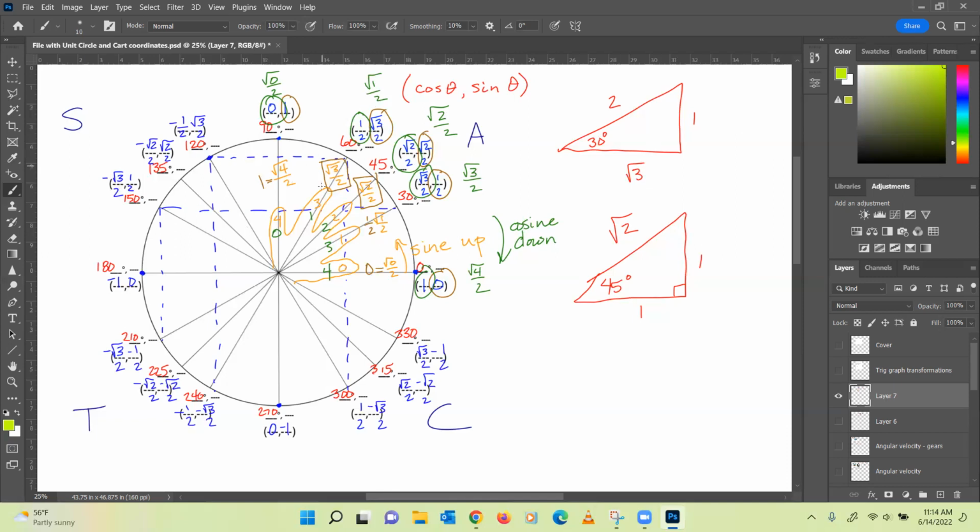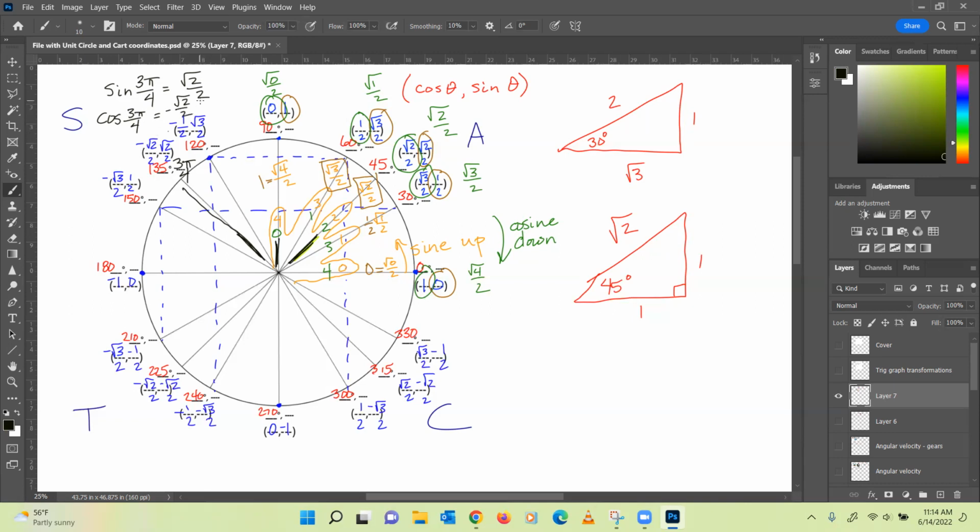This was 1 pi over 4, 2 pi over 4, 3 pi over 4 is over here. I know we didn't populate that before. So what is the sine? Well, that's the y value. So the sine of 3 pi over 4, I just read it right off the unit circle, is root 2 over 2. The cosine of 3 pi over 4 is the x value. That would be a negative root 2 over 2.